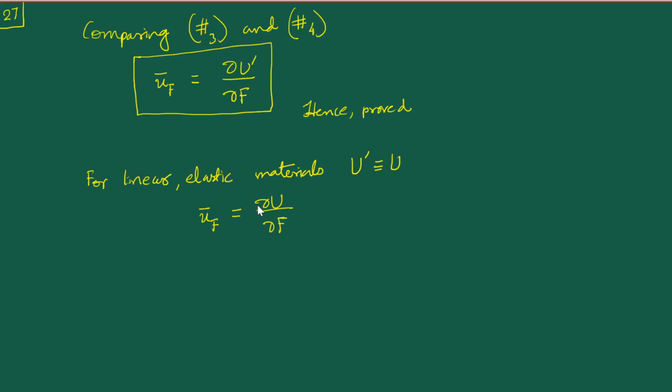But I should make a remark here that this is certainly not true for nonlinear materials or nonlinear material behavior. This is very, very important to note, and we will see an example of this.